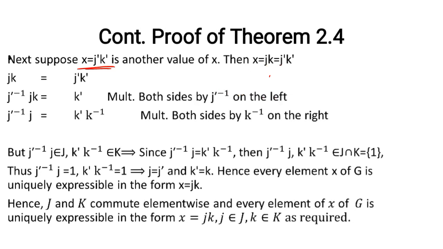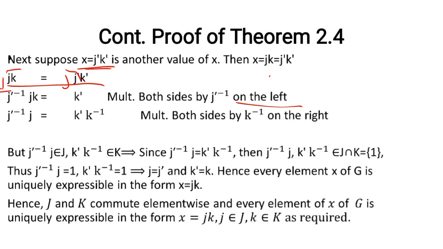So if they are equal, which is what we have here, the same multiplication I did before, I just keep multiplying left, right. So I multiply on the left by j prime inverse because I want to show, well, basically I want to show that they're the same, not commutativity. Commutativity was what we showed before. So I multiply both sides by j prime inverse.